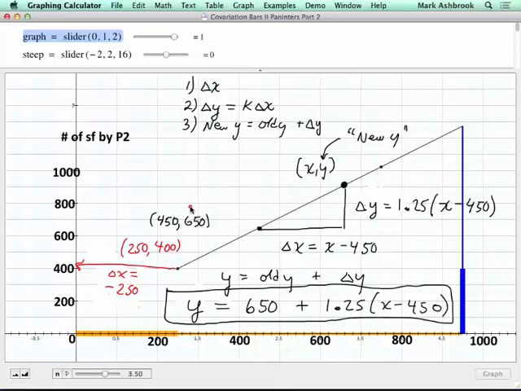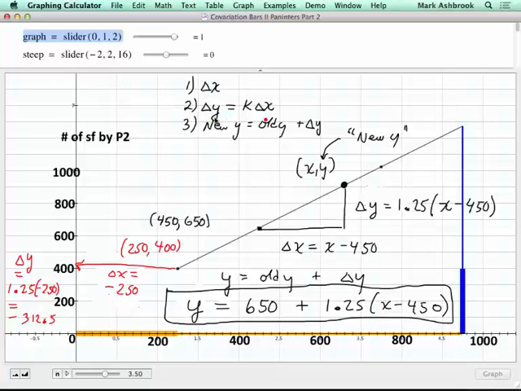We're going back to the point where he hadn't painted anything, so that's like changing the amount painted by negative 250. What's the corresponding change in y? 1.25 times negative 250. Tell me how much that is.